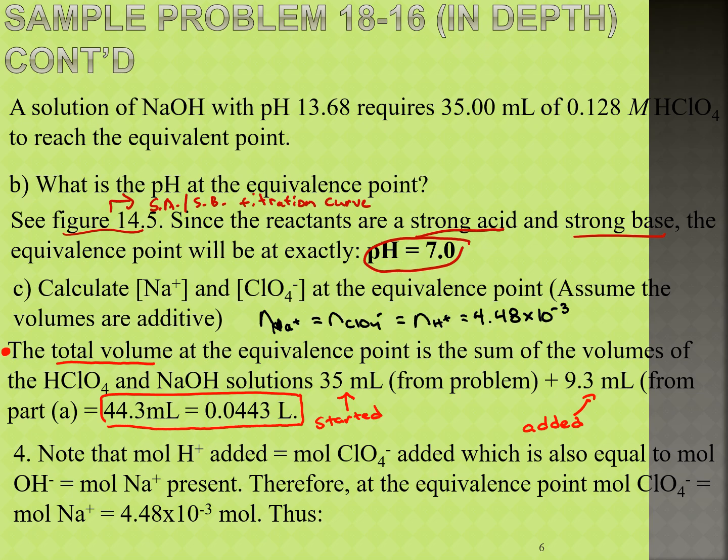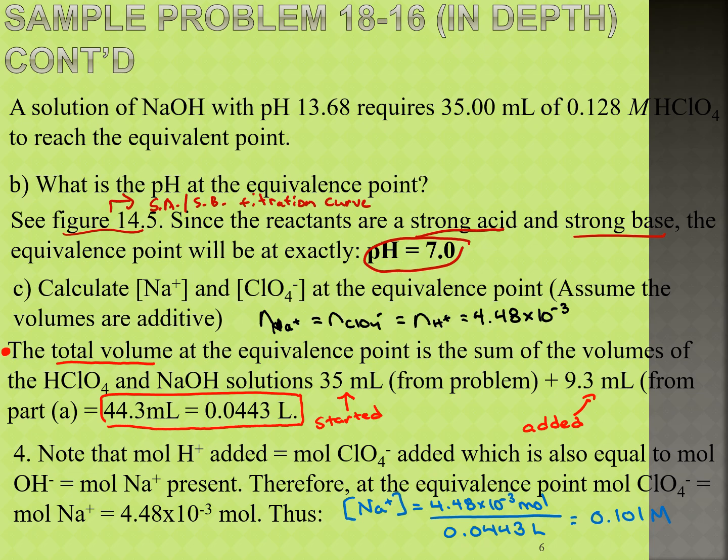And so if we want to then calculate the molarity, we're going to do moles over volume. We have our 4.48 times 10 to the minus third moles divided by our volume, which is 0.0443 liters. And when we calculate that out, we're going to get a molarity of 0.101 molar.